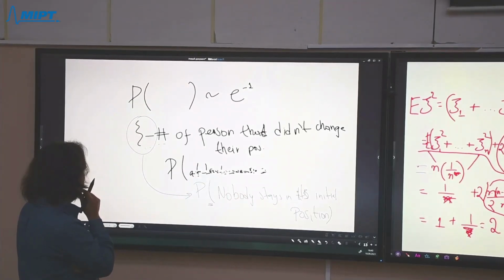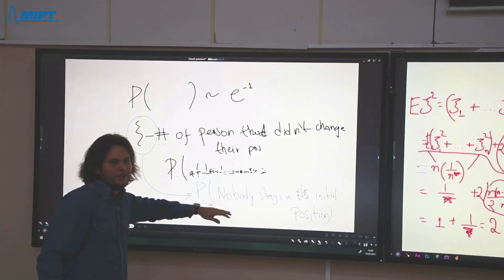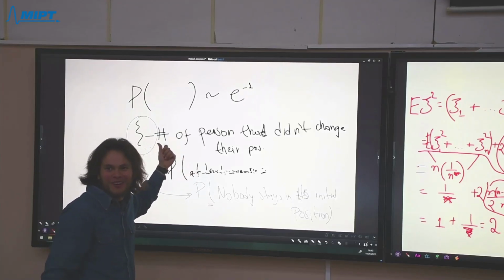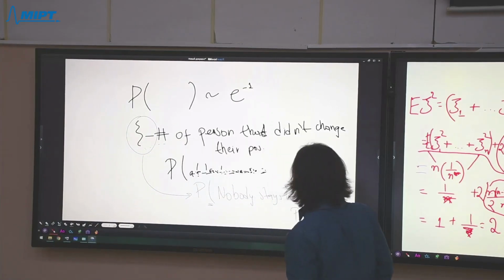Yeah, so number of persons that didn't change their position and nobody stays in their initial position. Well, all we can know is that if this is 1, then this is 0. That's it. We don't know anymore, right? I don't think we can use it.